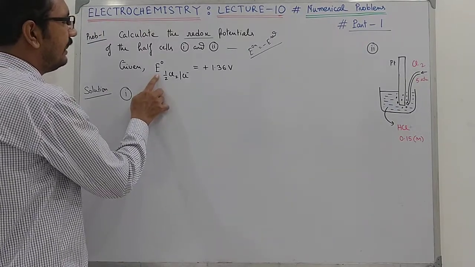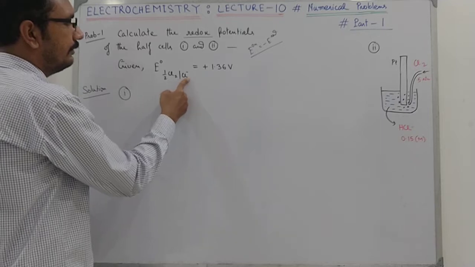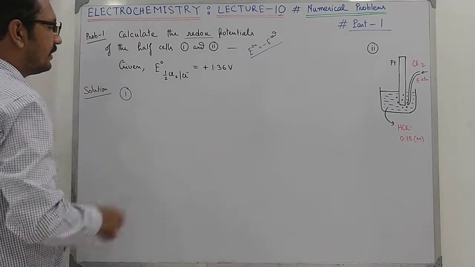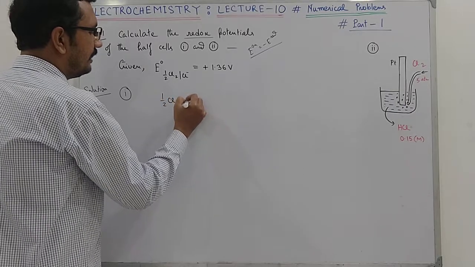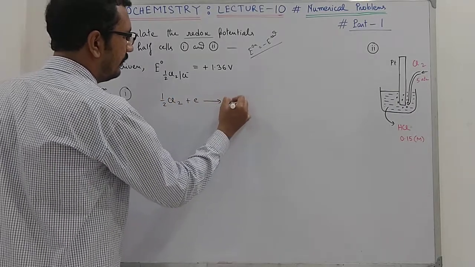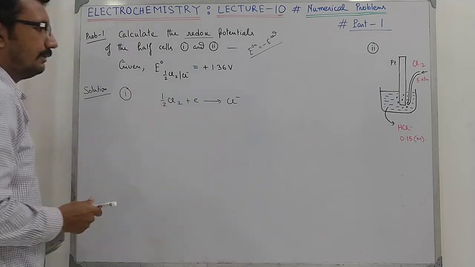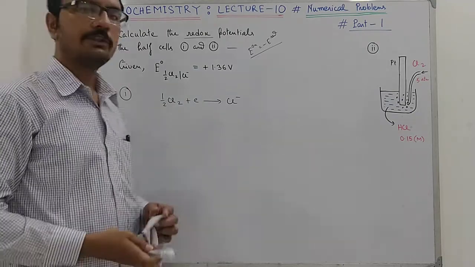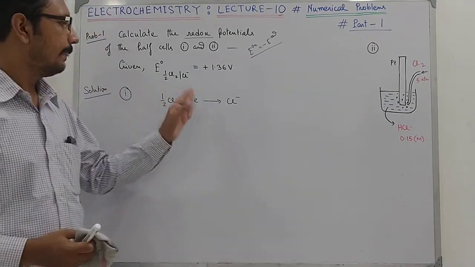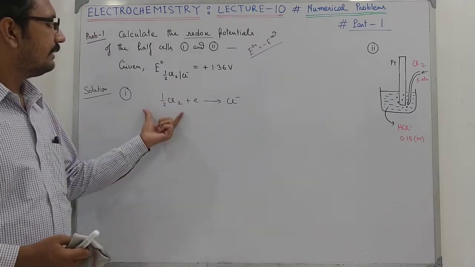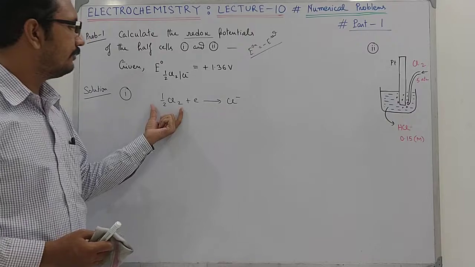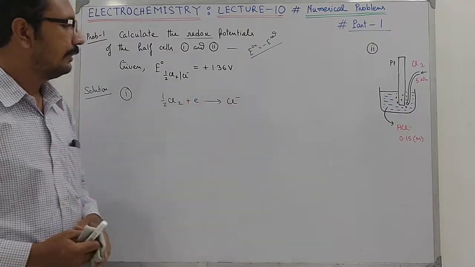Now here it is given that half Cl2 bar Cl minus. So we must write it in this format. Though actually there is no difference, since it is given in this format, I request you not to get into the contradiction. So we are writing in a reduction format, that is half Cl2 plus electron arrow Cl minus.